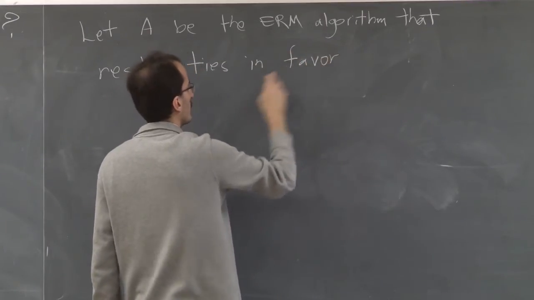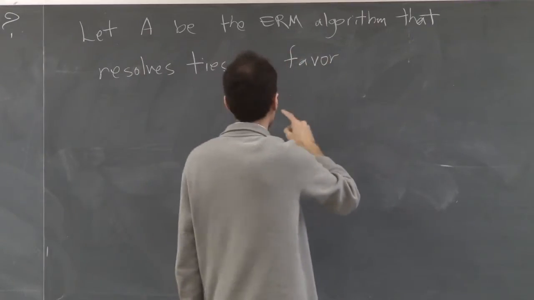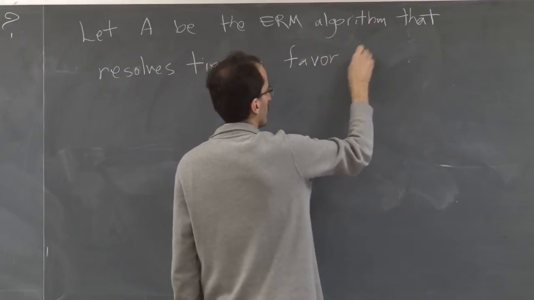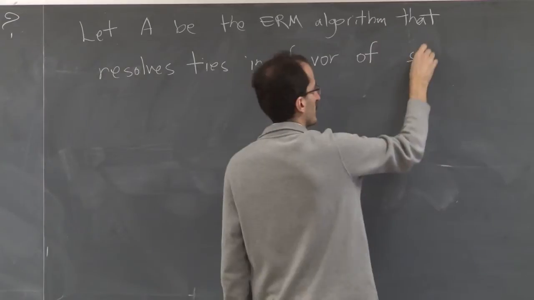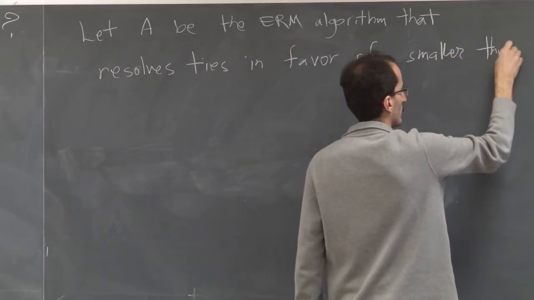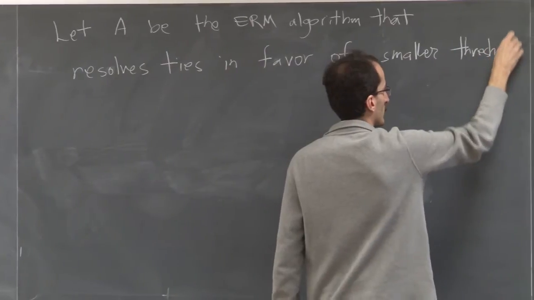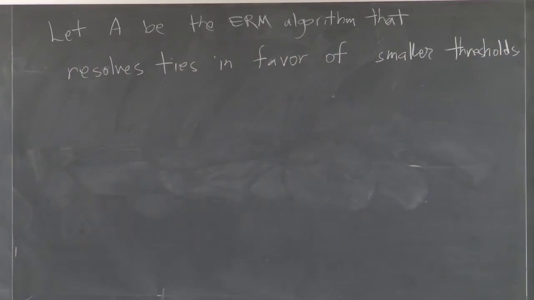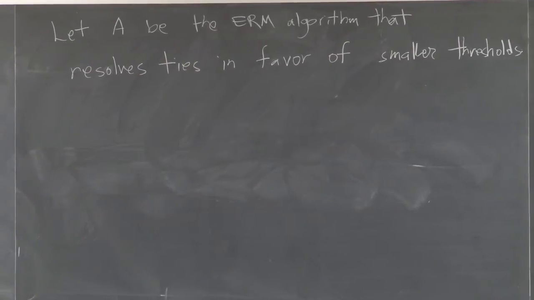Let our algorithm be an ERM that resolves ties in favor of the smaller thresholds. Still an ERM. And now we want to see when it fails.